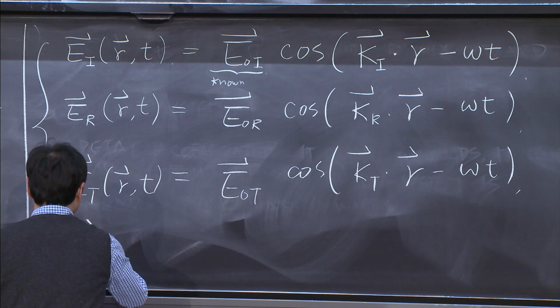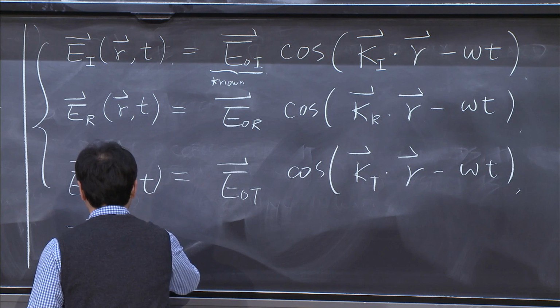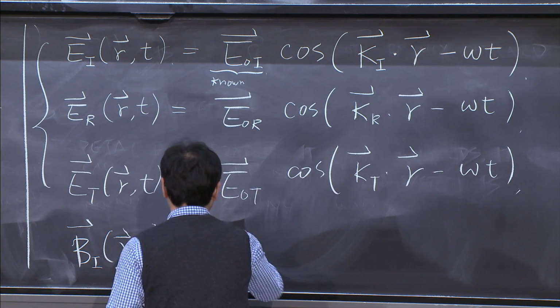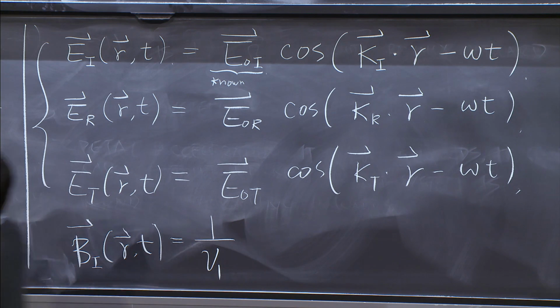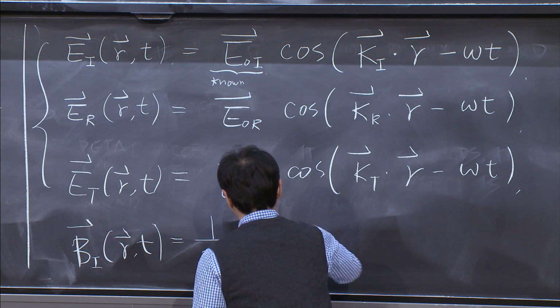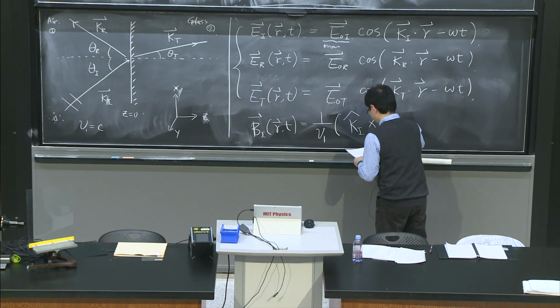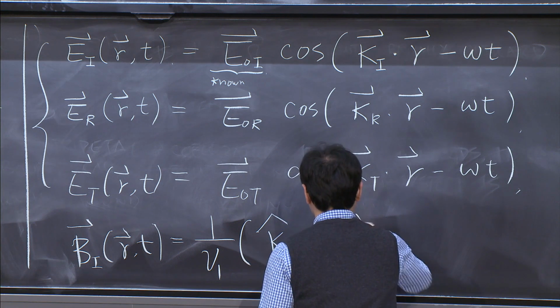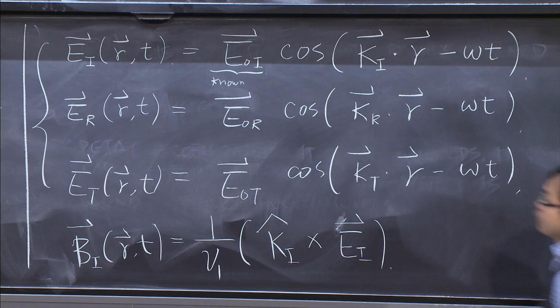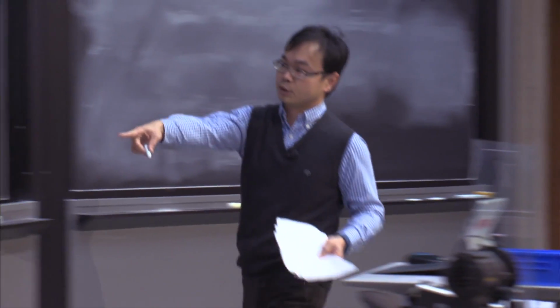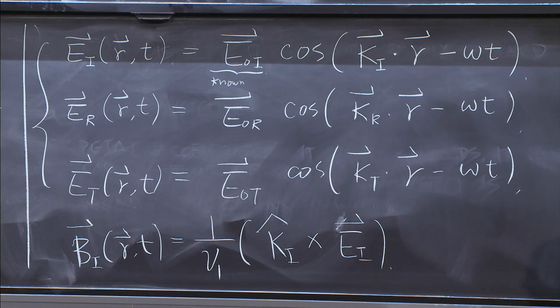For example, B_I as a function of r and t will be equal to 1 over V1, which is the velocity in the air, and V1 is equal to c, times K_I hat, the direction of propagation, cross E_I. I'm not going to write down B_R and B_T because they are very similar expressions to the magnetic field associated with the incident wave.